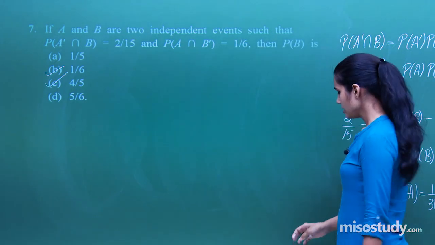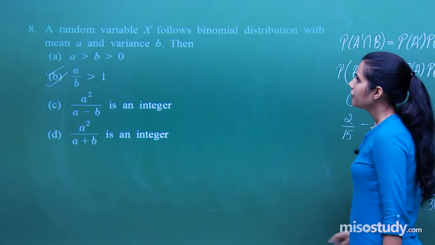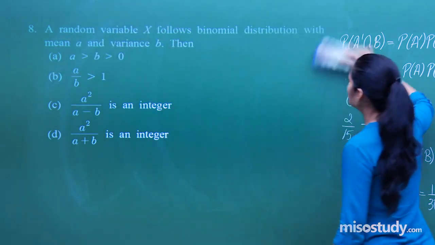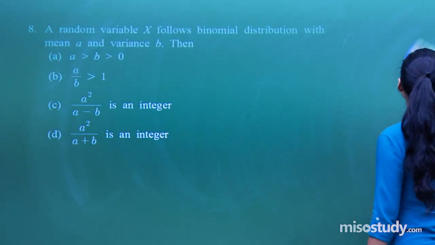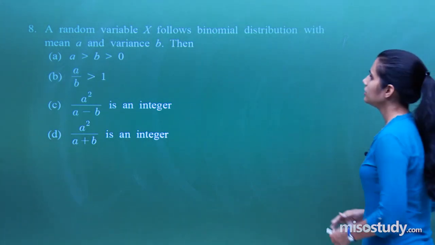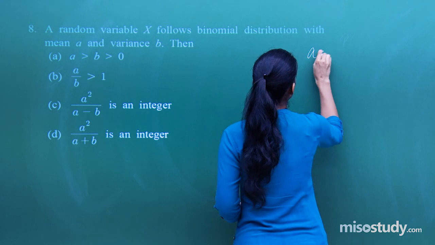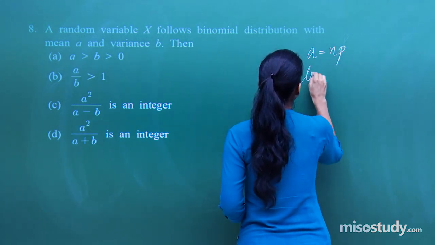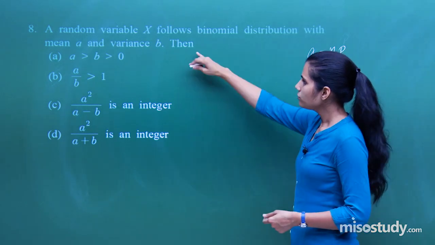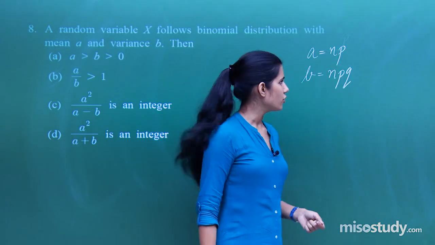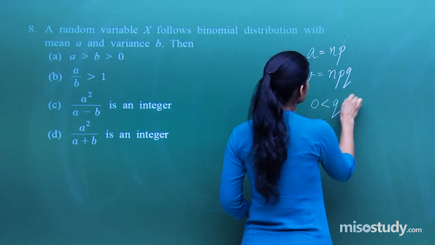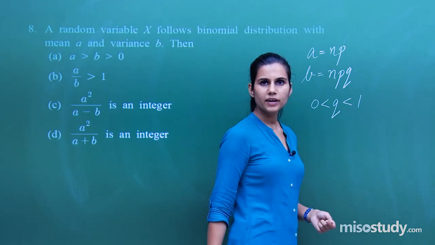Fine. Moving on to the next, we have a random variable x that follows a binomial distribution with mean A and variance B. So the mean is A, that means A is NP, and B is NPQ, that is the variance. Then you need to talk about these points being true or false. Now see, P and Q are both between 0 and 1, they are probabilities of success and failure.